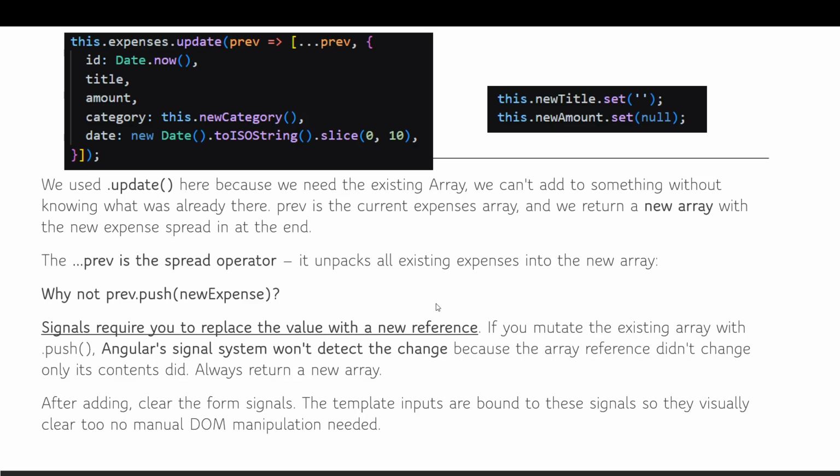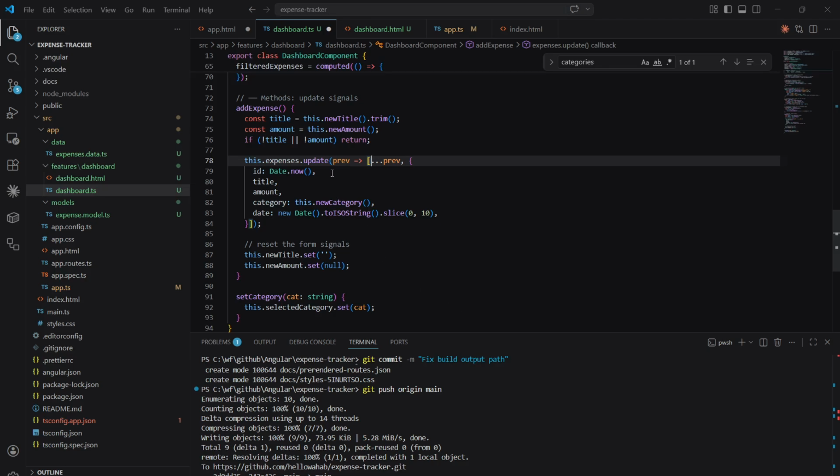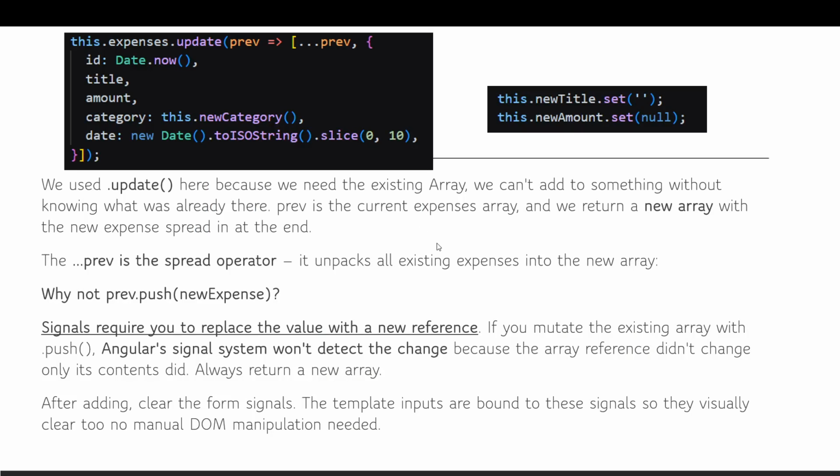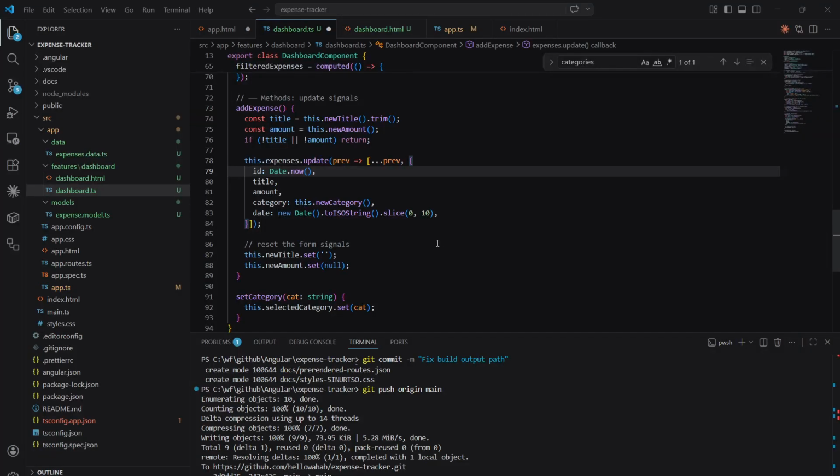If you push to the existing array yourself, it's not going to work. So for your signals to work properly, you need to update the reference of that array. This is the reason the spread operator has been used, and in that a new entry is being added. With this being said, let's move further.